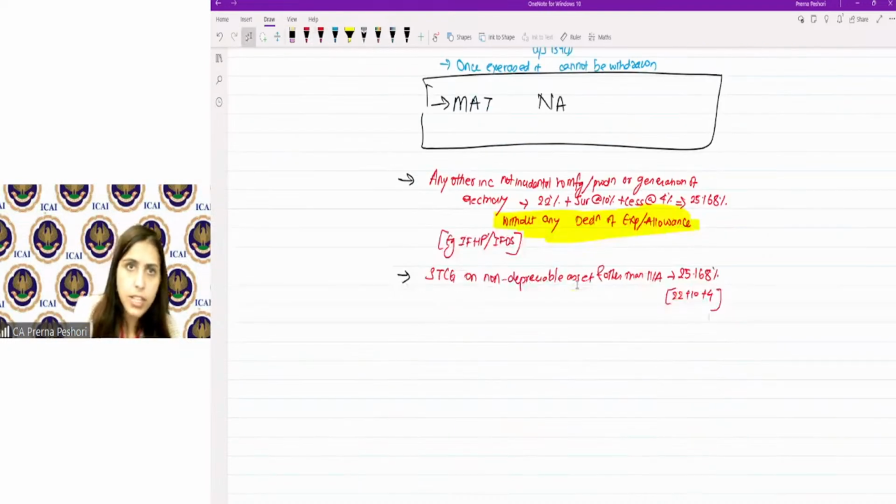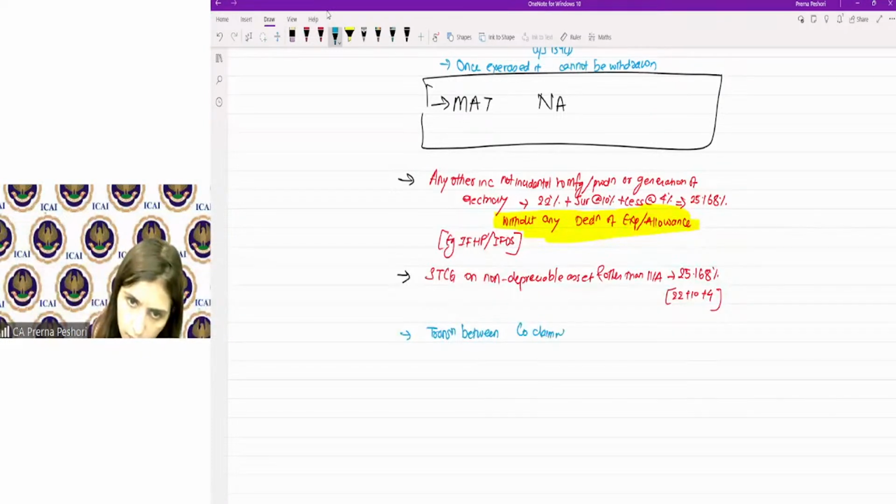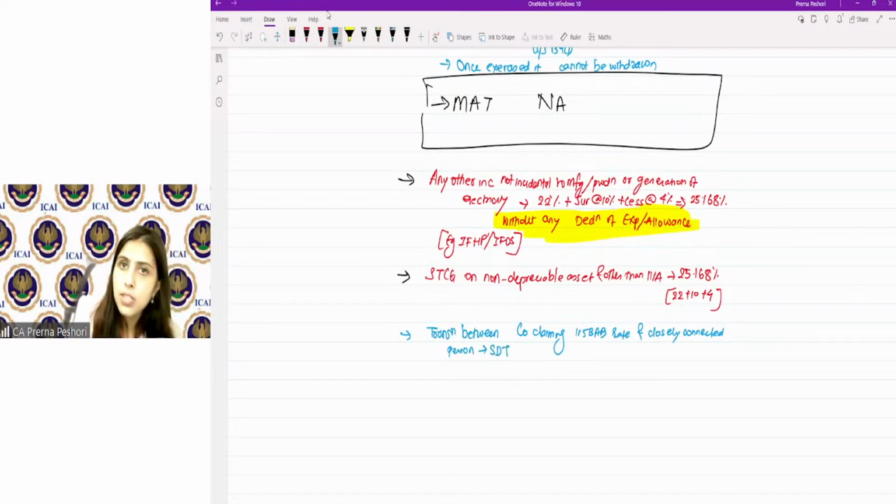So, write down: the transaction between the company claiming 115BAB rate and closely connected person will be a specified domestic transaction.